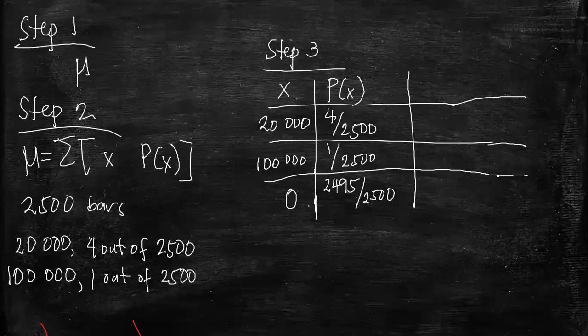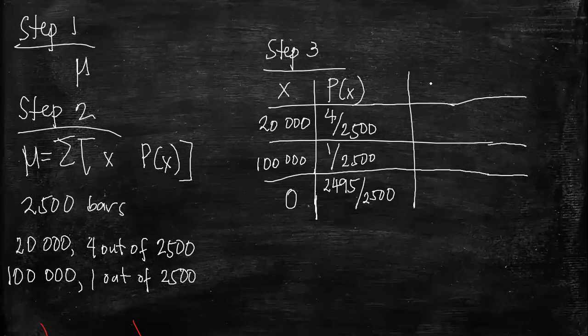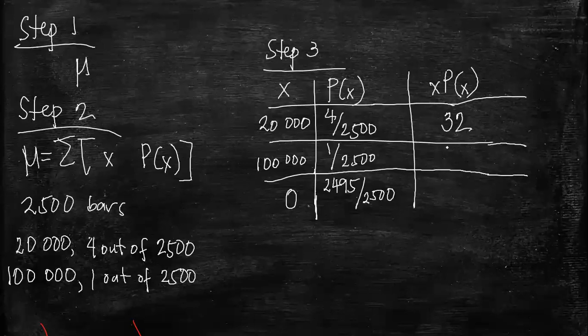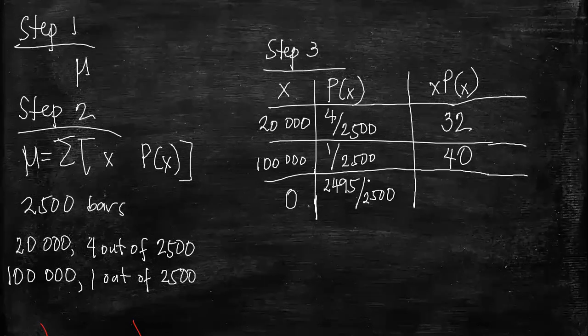Okay? So since we have already created a discrete probability distribution, now we can solve for our mu or our mean. So we have x times p of x. Paki-solve. 20,000 times 4 over 25, that would be 32 po. 32. Very good. 100,000. Tama ba? Oo. Times 1 over 2,500. 40. 0 times ito. 0.